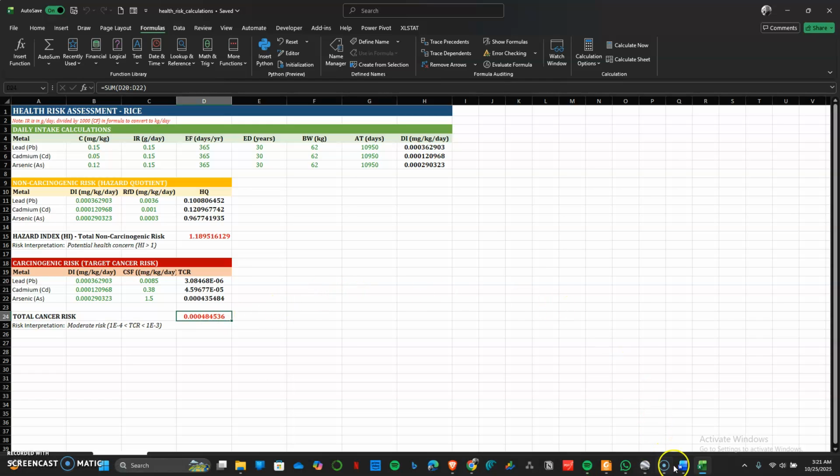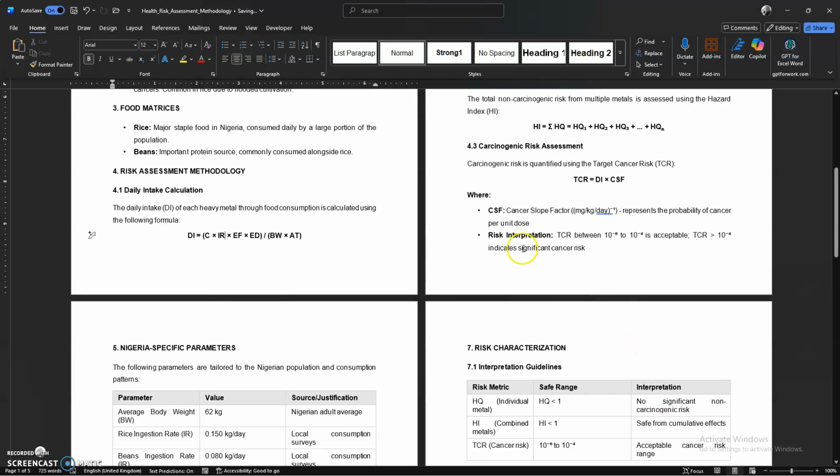Now we have to compare it with our accepted range. The accepted range: for the cancer risk to be safe, the value obtained from your computation has to be less than 1 exponential minus 6. That is the safe bound. Within this range, you have suspect.